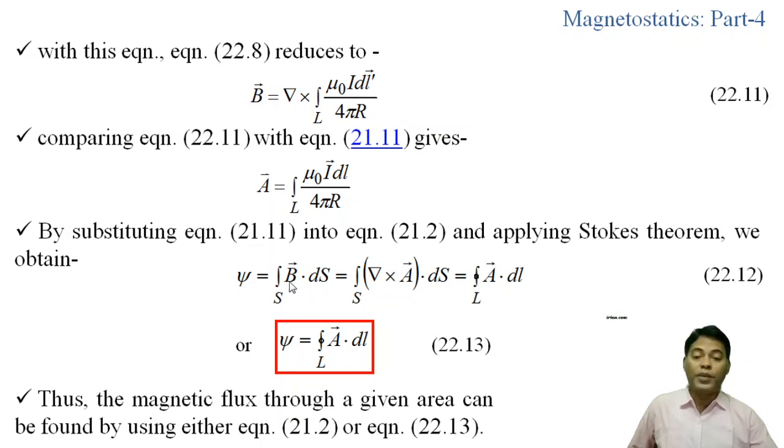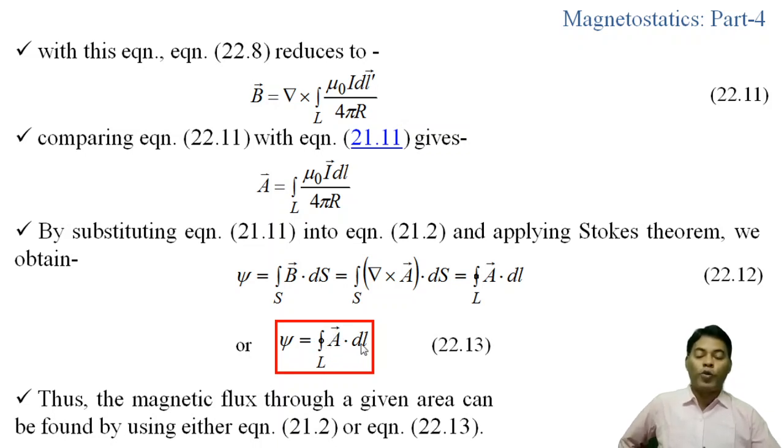Now B equals del cross A or grad cross A, so we have replaced B by grad cross A. Now if we apply the Stokes theorem, which relates the surface integral to the line integral, we have the surface integral of grad cross A dot ds equals the closed line integral of A dot dl, and finally we got expression 22.13, that means the total magnetic flux equals the closed line integral of A dot dl.